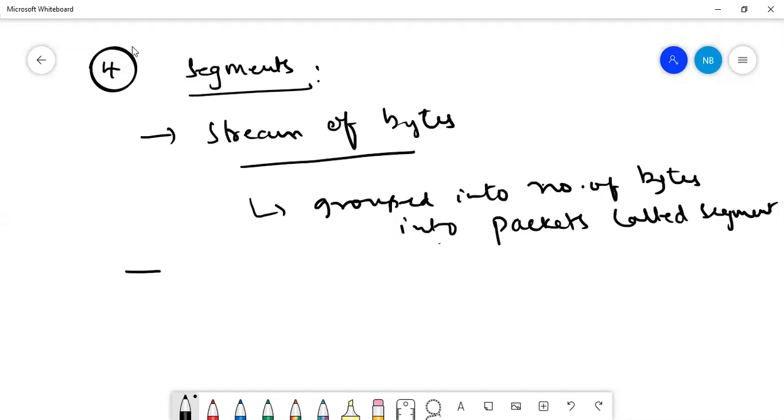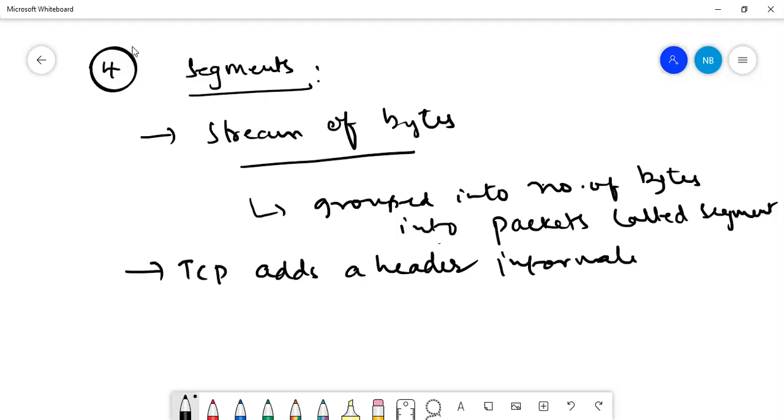So TCP adds header information to every segment, and delivers the segment to the IP level for transmission.